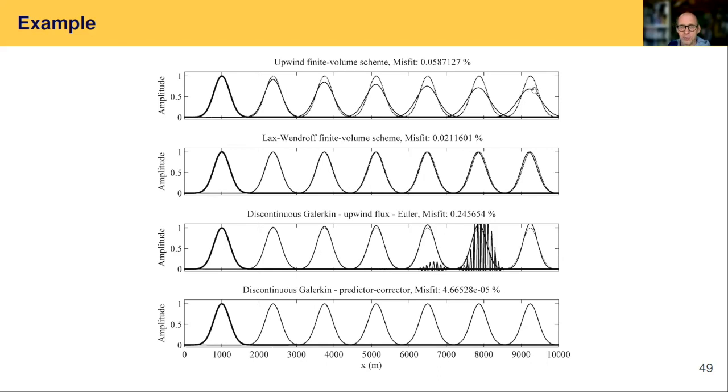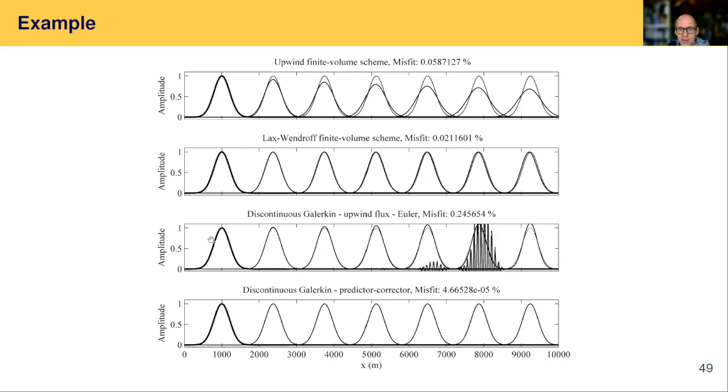That doesn't work. So a substantial improvement if you use the so-called Lax-Wendroff scheme, where you develop a small time shift, which is why the misfit still is pretty high, but at least the solution in terms of waveform is much more stable.